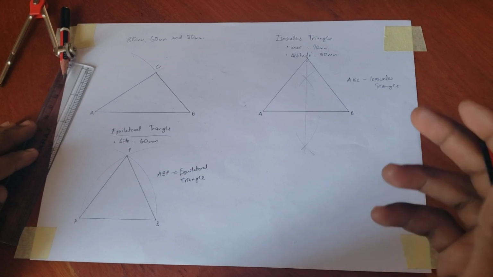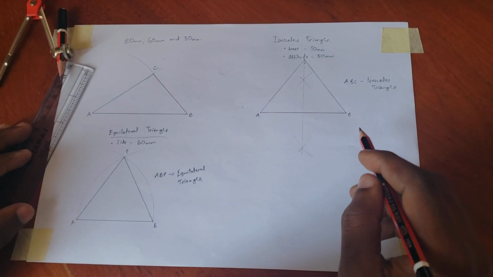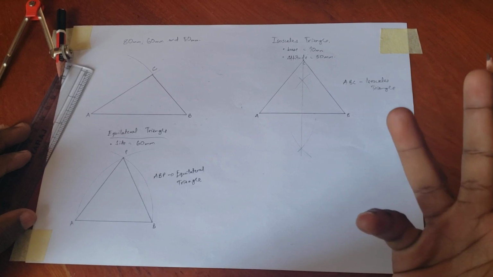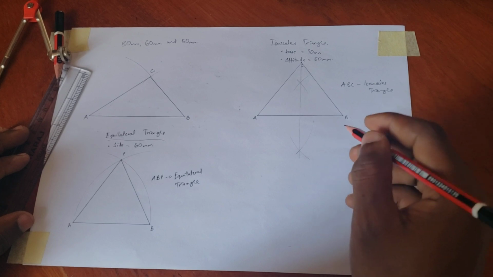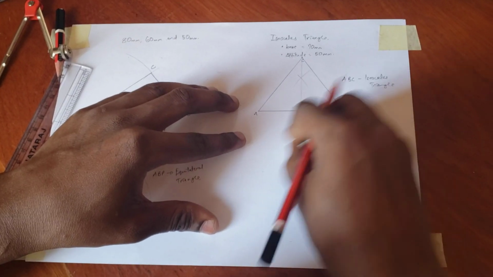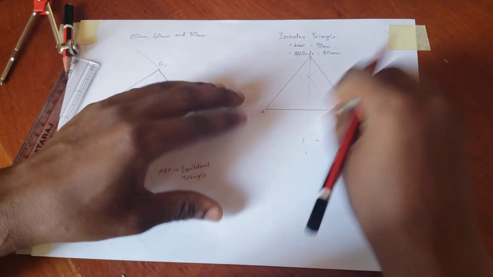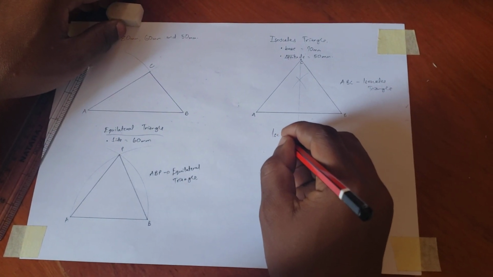Okay, but also we may draw an isosceles triangle given the perimeter and the altitude. Okay, this is an isosceles.